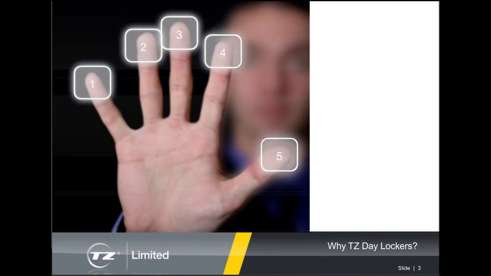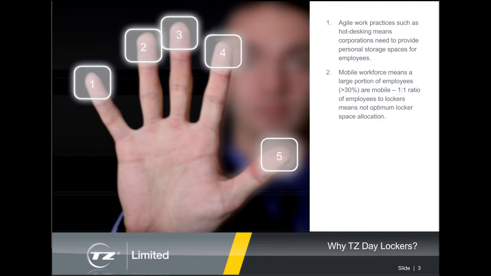This slide really frames the key problem statements to highlight the need for Daylockers and the benefits that the TZ solution delivers. The move towards adopting agile workspaces and hot desking is enabled by providing locker storage space to employees who don't have permanently assigned desks. Agile work practices such as hot desking mean corporations need to provide personal storage spaces for employees.